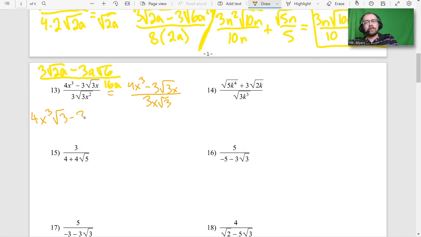Okay, so it's 3 times 3, right? So this 3 and that 3, and then I multiply by the square root of 3, which is now the square root of 9, which is 3, and then I have a root x. Okay, over, and if I multiply this by the square root of 3, I get 3x and 3, because the square root of 3 gets multiplied by itself.